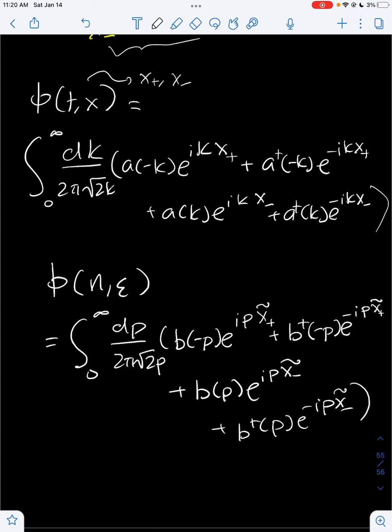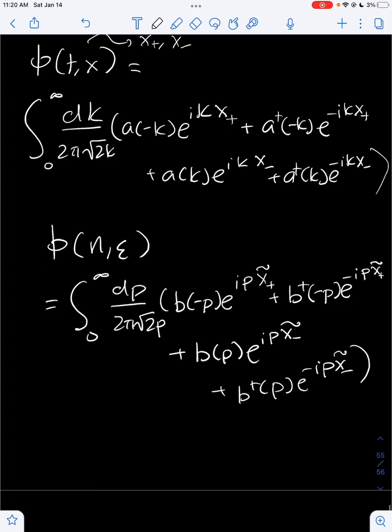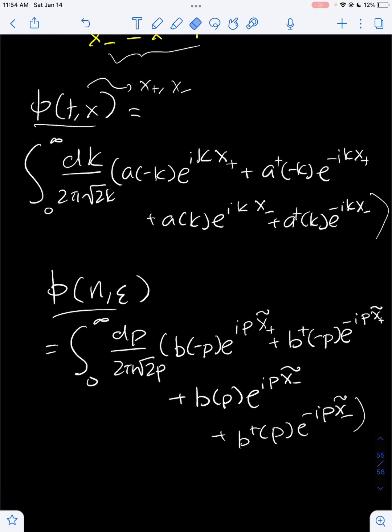Also, if it isn't clear, we use p for the momenta for Rainbow Dash instead of k, because different observers will measure different values of momentum. So that's why we use k and p instead of just k for momentum.